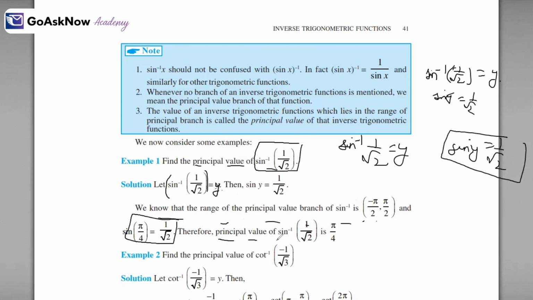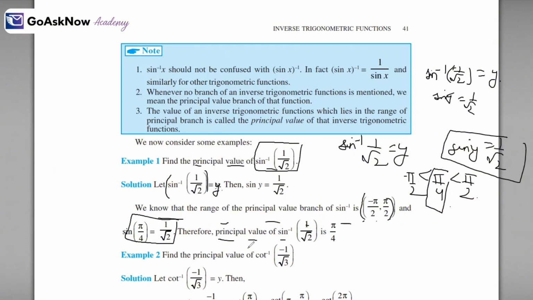So the principal value of sine inverse 1 by root 2 is pi by 4, because pi by 4 also lies inside the range of these values. You can see that pi by 4 lies between minus pi by 2 and pi by 2. That is why we can take this value as the principal value of sine inverse 1 by root 2.